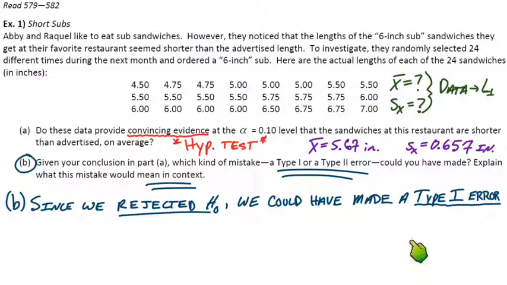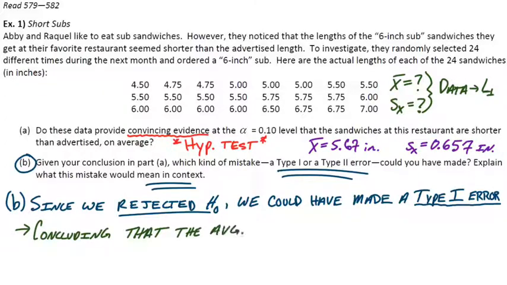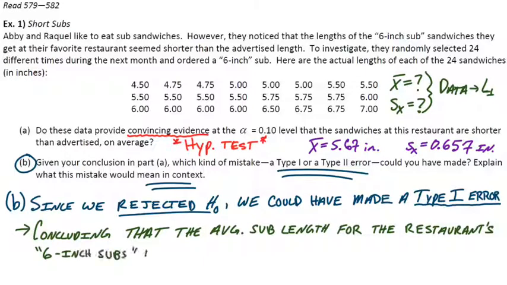So what does that mean? We might have made a type 1 error. What does that mean in the context of this setting? Okay, so if we were mistaken, right? A type 1 error would be like concluding that the average sub length for this restaurant, like the one they call 6-inch subs, is less than 6 inches.